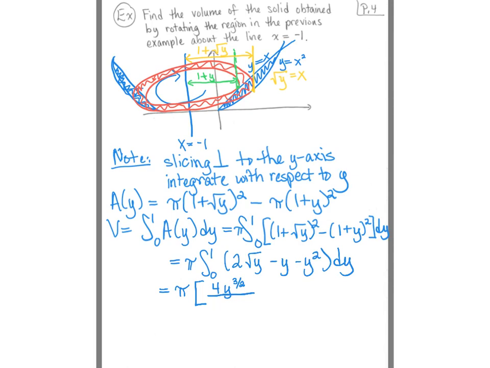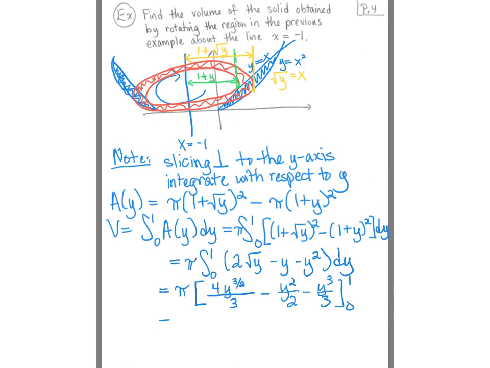Remember, you add 1 and then you divide this by 3/2 plus 1. So you'll get 4y to the 3/2 divided by 3 minus y squared divided by 2 minus y cubed divided by 3. Evaluate it from 0 to 1.